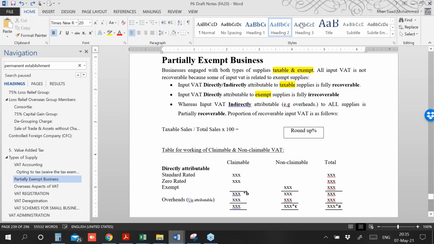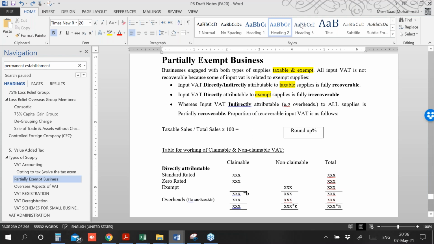Now, what happens with partially exempt businesses? There are two types of sales in VAT: taxable sales and exempt sales. In taxable sales, there are further two types: standard rated and zero rated. On standard rated, you charge the standard rate of VAT, that is 20%. In zero rated, you charge 0% VAT.